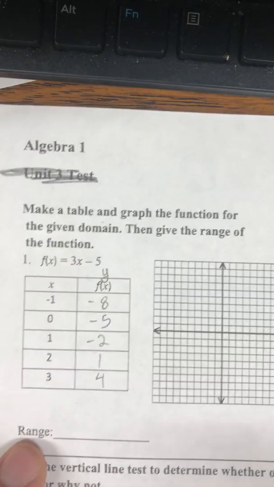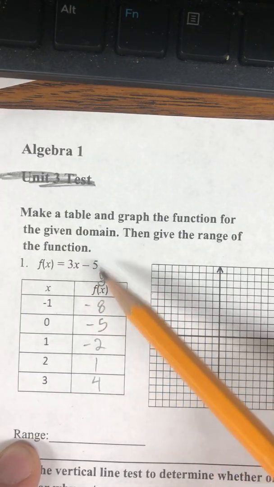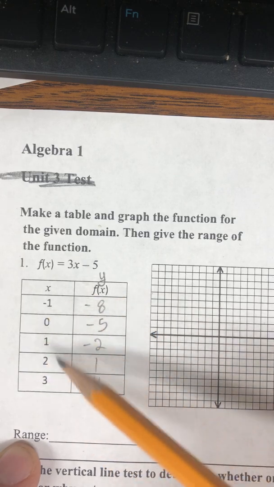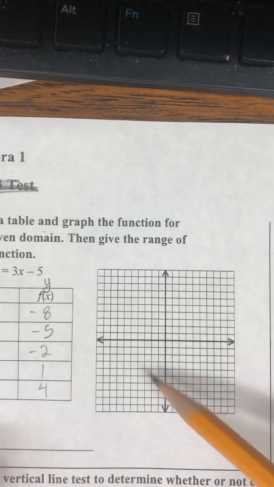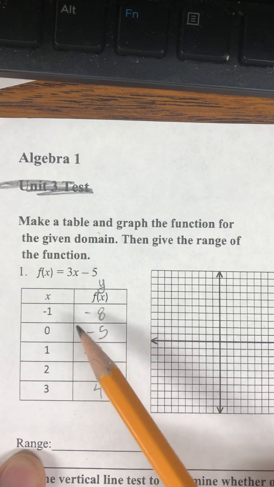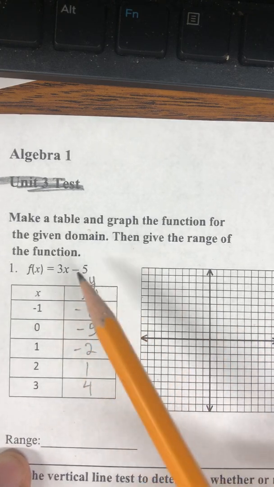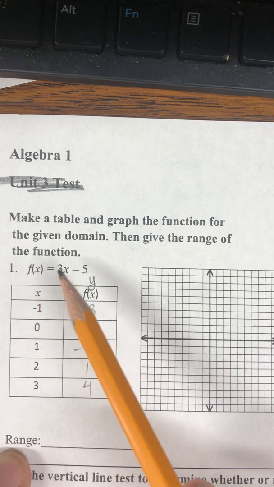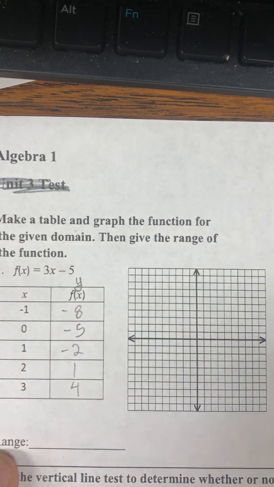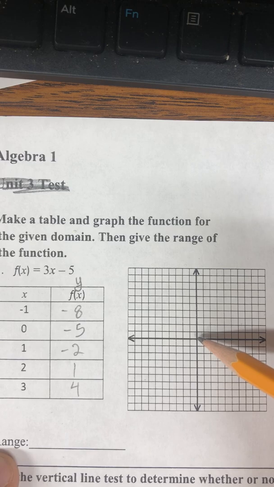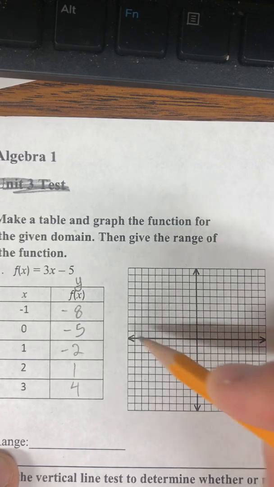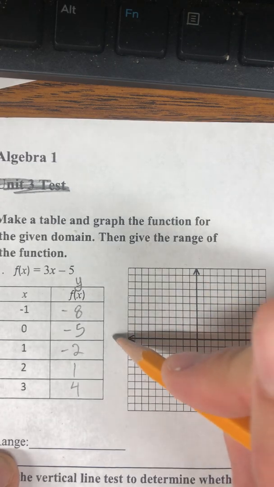Okay? So a function can be expressed as this equation, it can be expressed as an xy table, it can be expressed as a graph, because of course an xy table is points on a graph, and an equation, if this is y equals mx plus b, we know this is linear. So -1, remember you go x first, this is x, this is y.